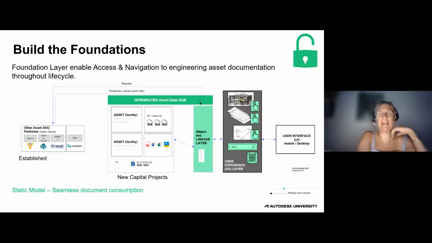Totally, yeah. Let us try to walk you through this visual. So the core now is the common data environment, or the CDE. I remember in the previous slide, that was the first step that we want to set up at the delivery phase of the asset life cycle. So we want to put it at the core and have it become the hub where we will connect all the information, where we have both the federated model and engineering documentation delivered by the capital project team.